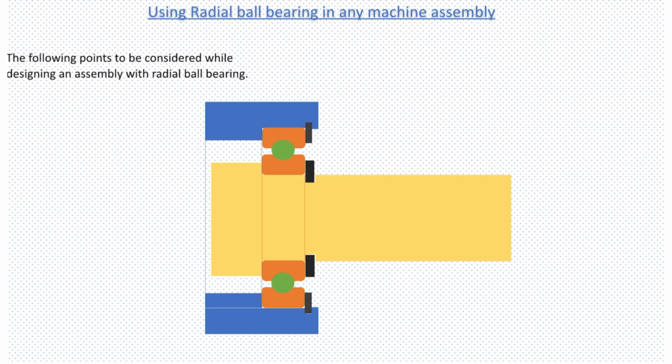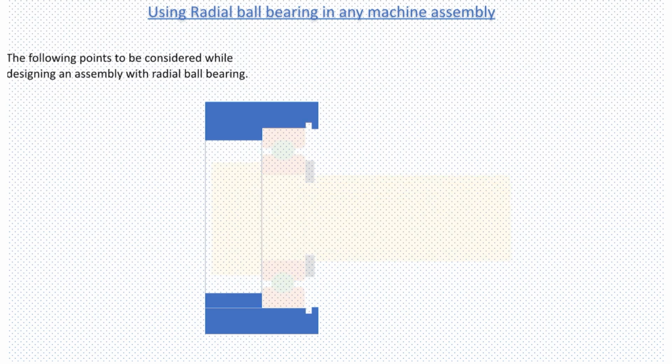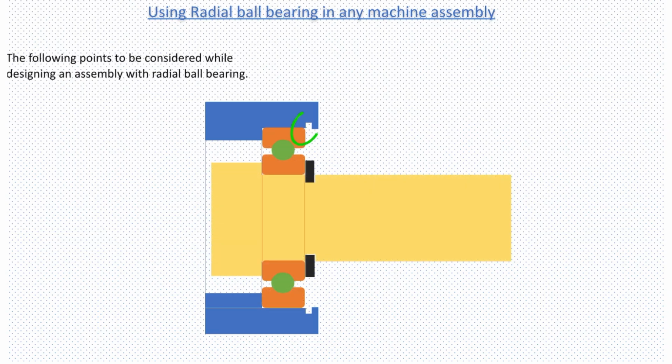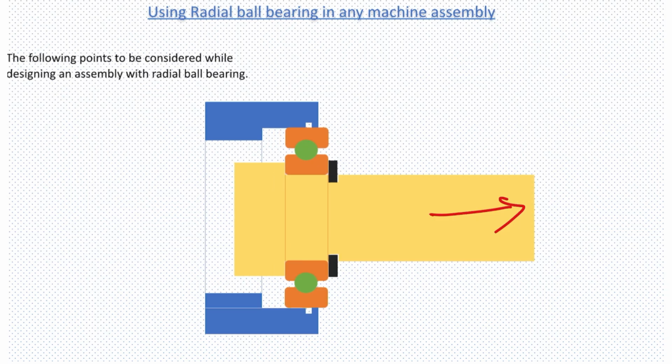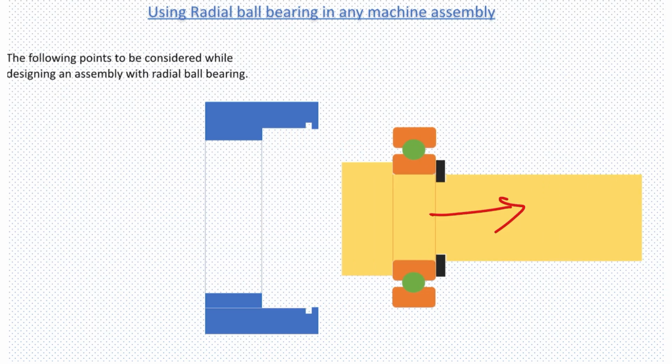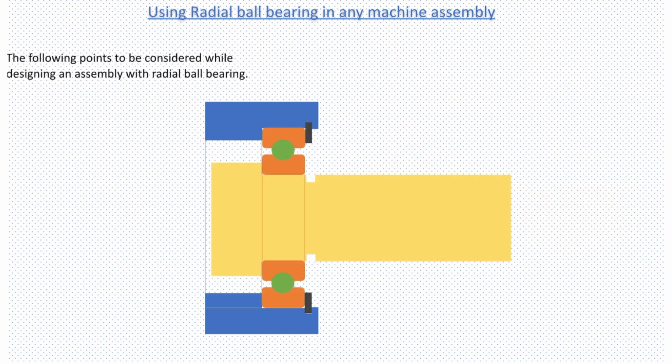Now let's see what will happen if we don't use the circlip. With a gentle axial load, our shaft along with the bearing is easily able to come out. To restrict that, we need to use some element to arrest the bearing movement.